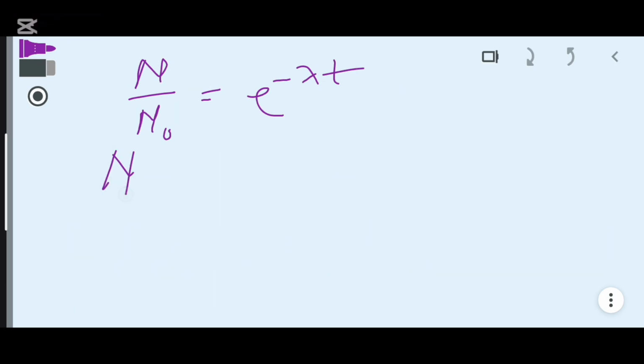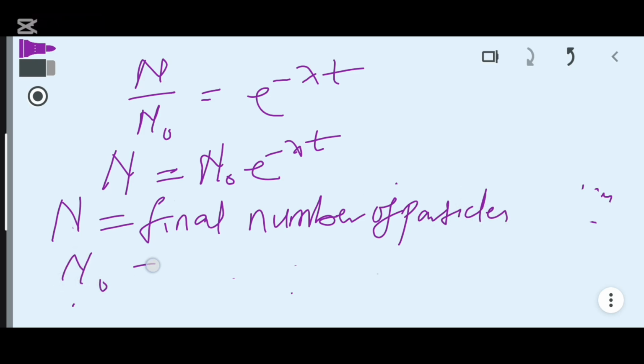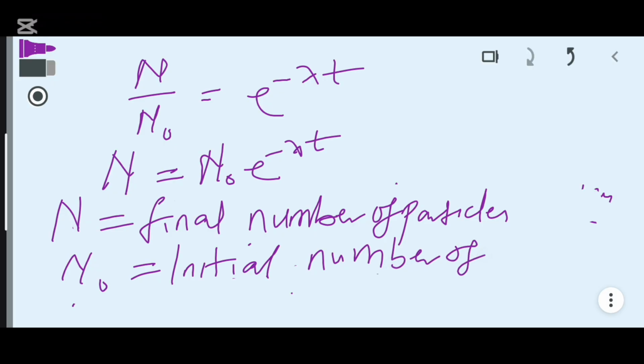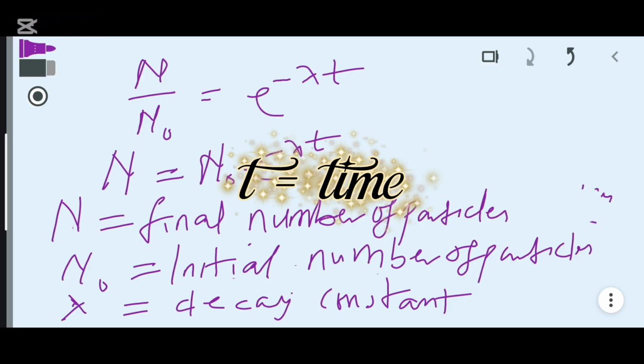That is, N equals N naught times exponent of negative lambda t, where N equals the final number of particles, N naught equals the initial number of particles, lambda equals the decay constant, and t is time.